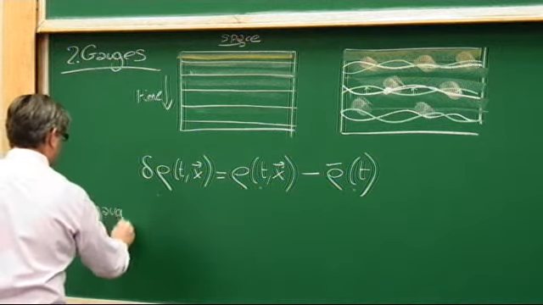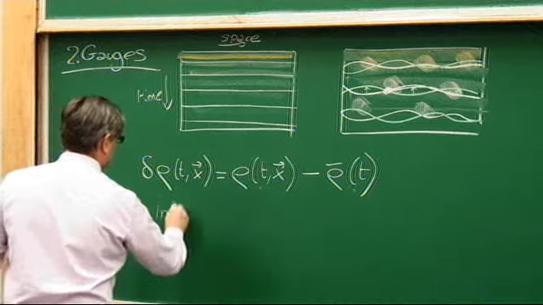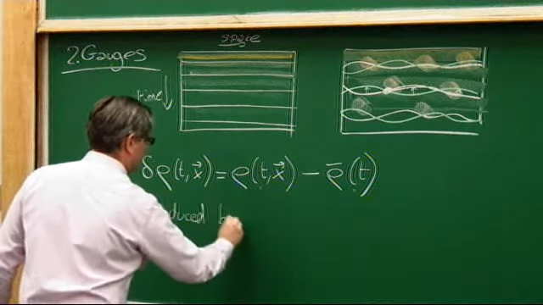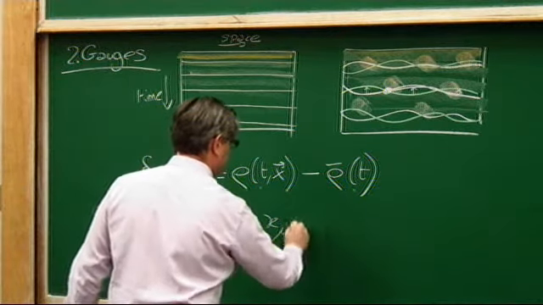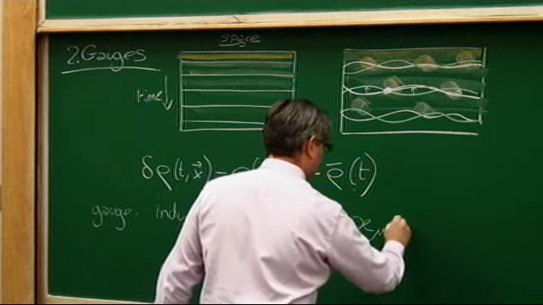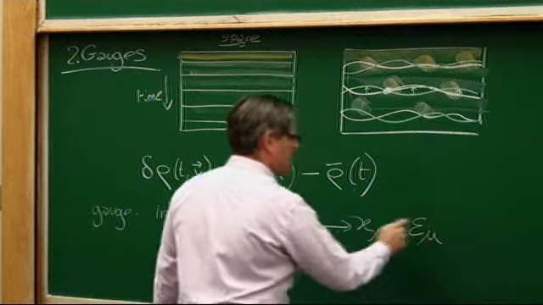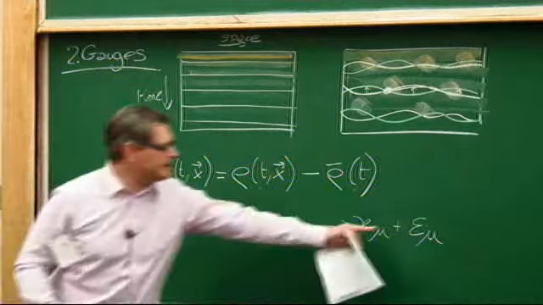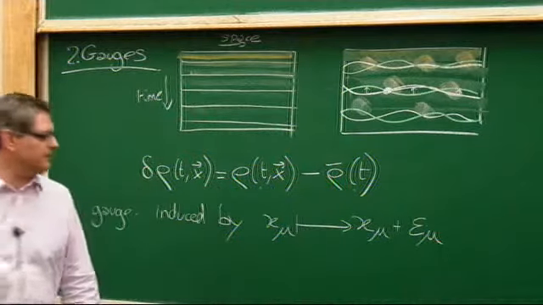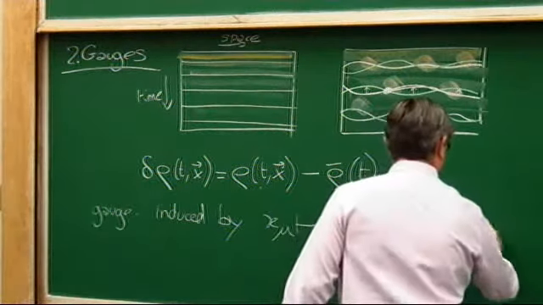So gauge choices are induced by a change of coordinates, like this, with a vector field, epsilon mu, which has 4 degrees of freedom.